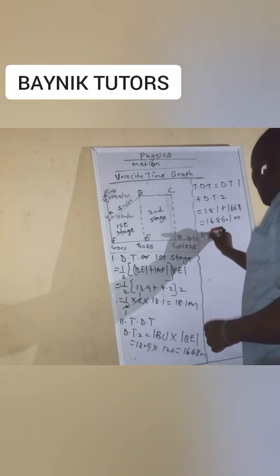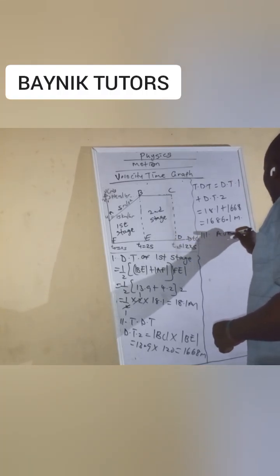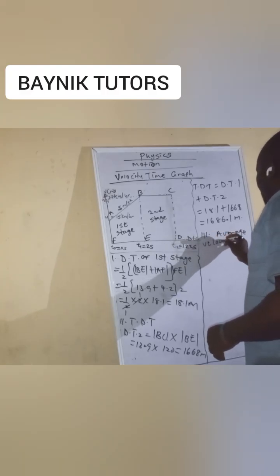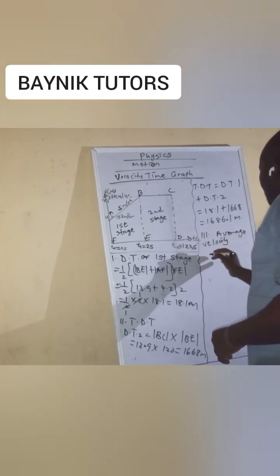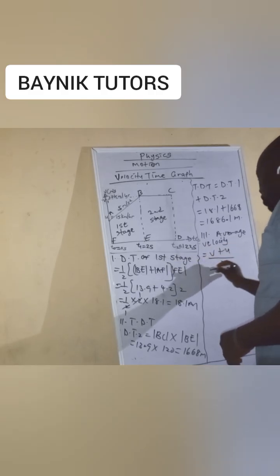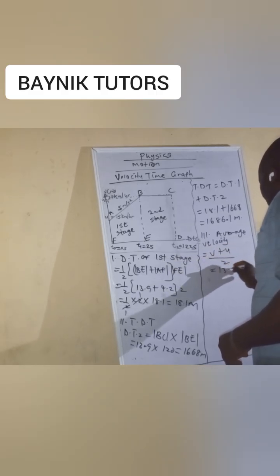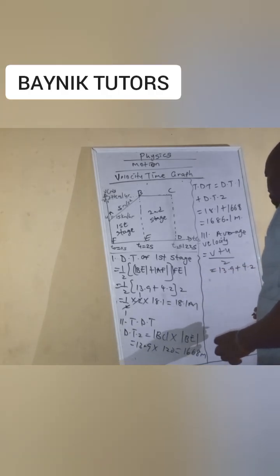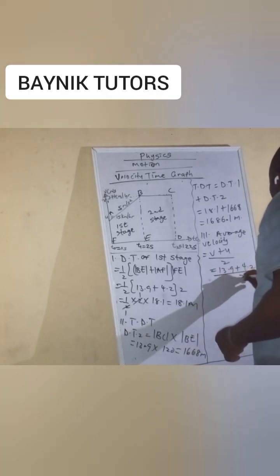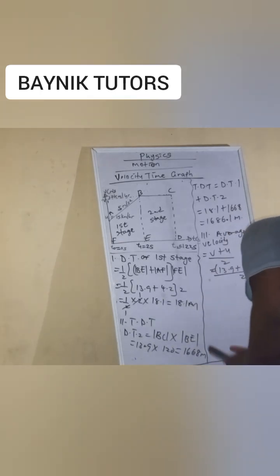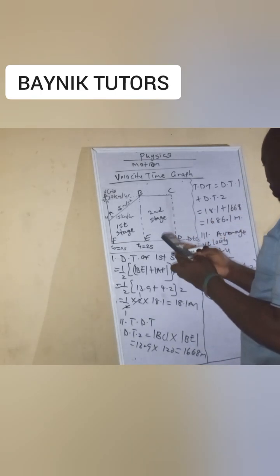The average velocity here will be v plus u over 2, which is 13.9 plus 4.2 over 2.